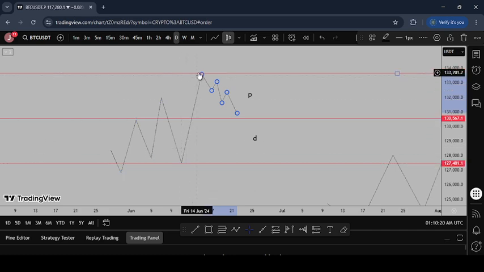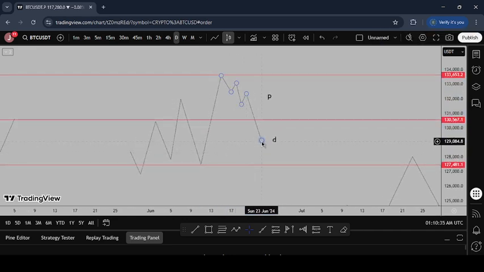The market has swung to the upside, created that swing, and started falling down, retracing. We cannot say we want to take a buy until, no matter what we see on this swing, we want to wait for the market to pull up into a discount level for us to go on buys for a continuation to the upside. Beautiful setup, beautiful trade. Once we see that, we want to take the trade.